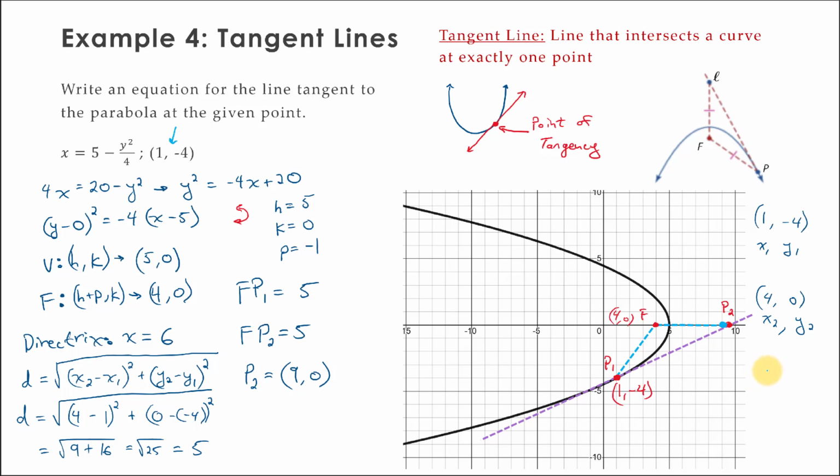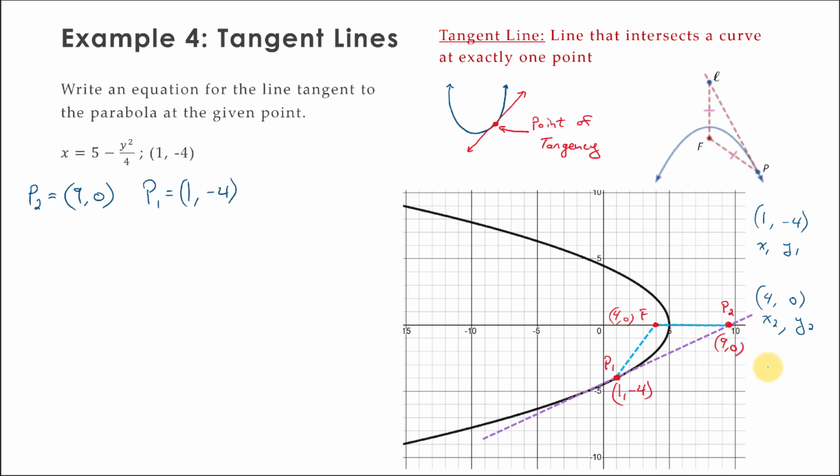So we need that point because why? Well, in order to have the equation for a line, we need at least 1 point, and we need the slope. In this case, we don't have the slope, but we can find the slope with these 2 points. So from P1 to P2, we can go ahead and use our slope formula, and we see that we have a slope of positive 1/2.